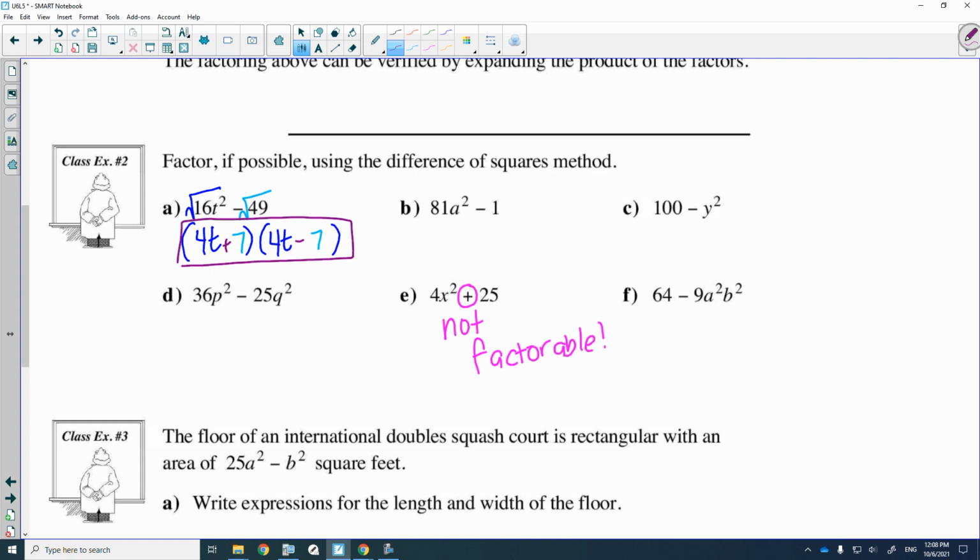I'll pick somebody for B, C, D, and then you could raise your hand if you want to do F. Aiden, do you have B done? 9A plus 1, 9A minus 1.